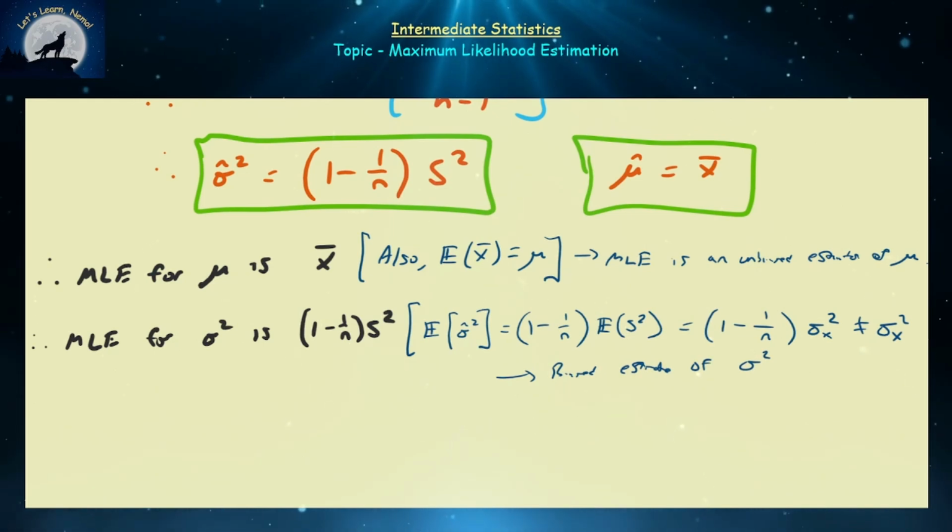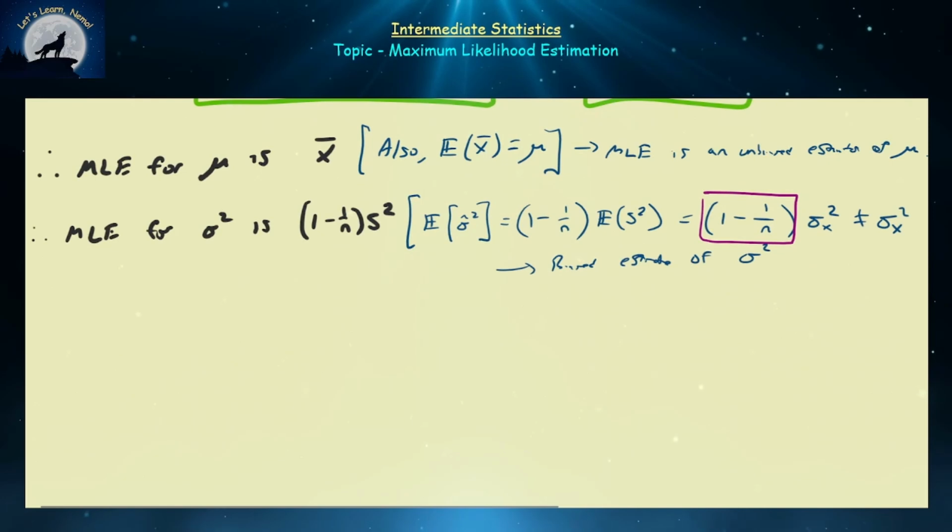But there is one piece of light in this particular object, because as n goes to infinity, the expectation of sigma hat squared converges to sigma x squared.